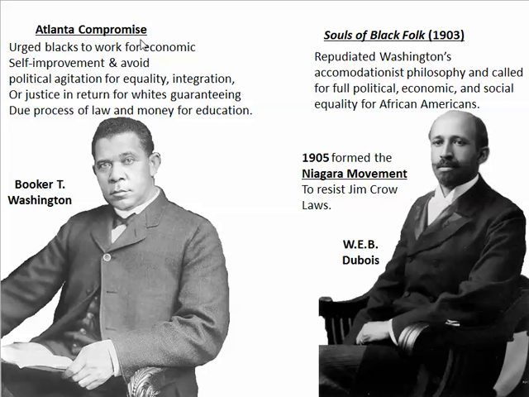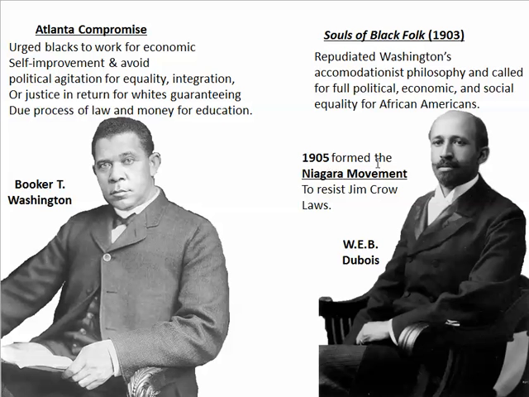He's going to say that's no good. We don't need to do that, because that's just accommodating white people. And he called for full political, economic, and social equality for African Americans. 100% civil rights for African Americans. Total equality. So he believes in agitating for social equality and integrating, having justice.